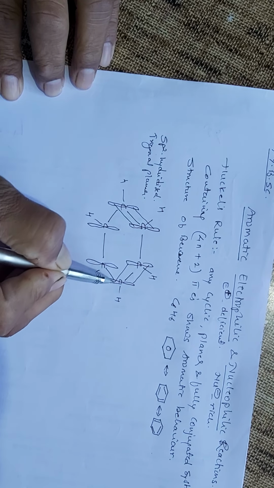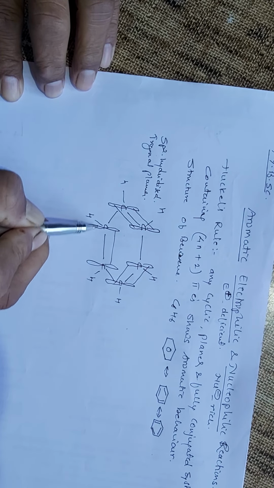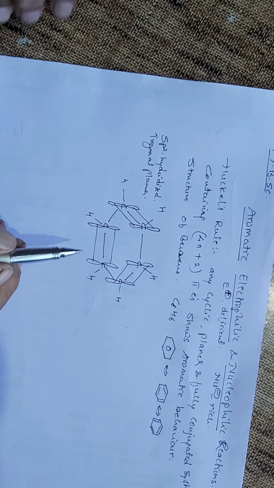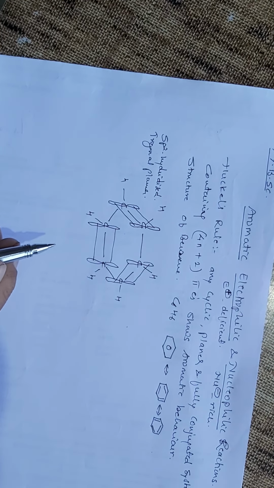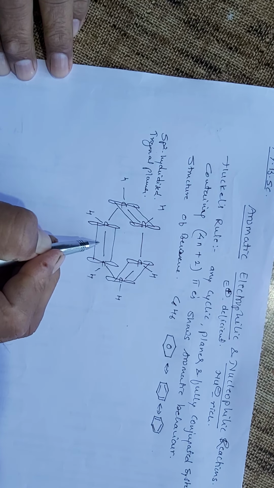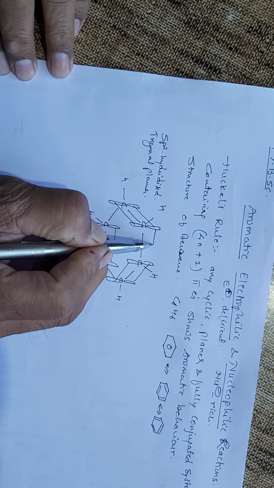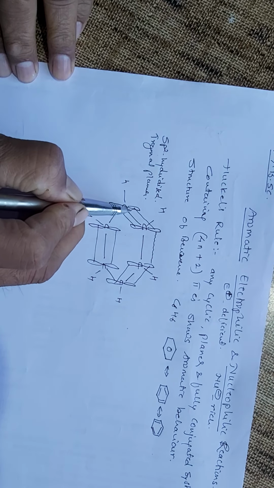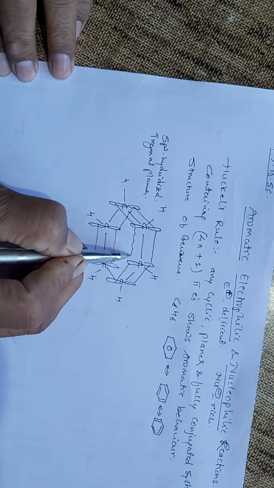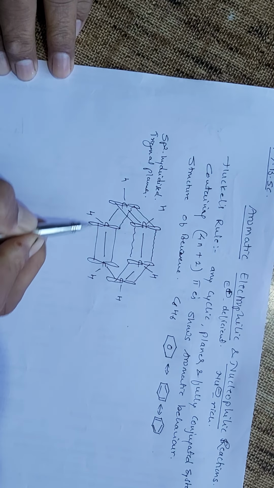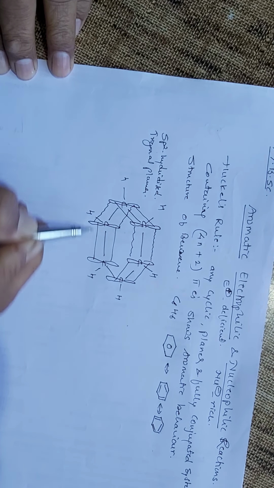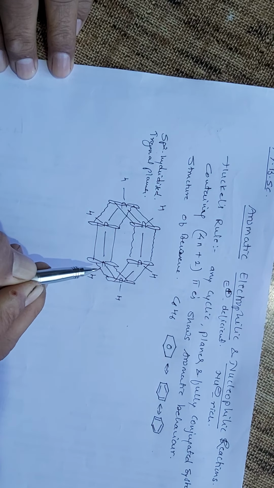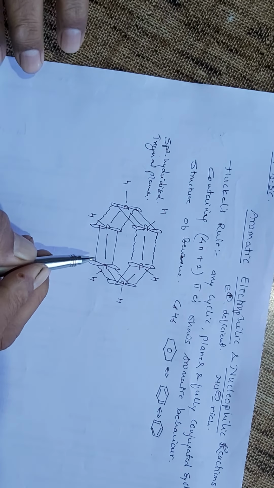In this way, three pi bonds are formed. But this overlap is also possible on the other sides, so the overlap of all the unhybridized p orbitals is possible.